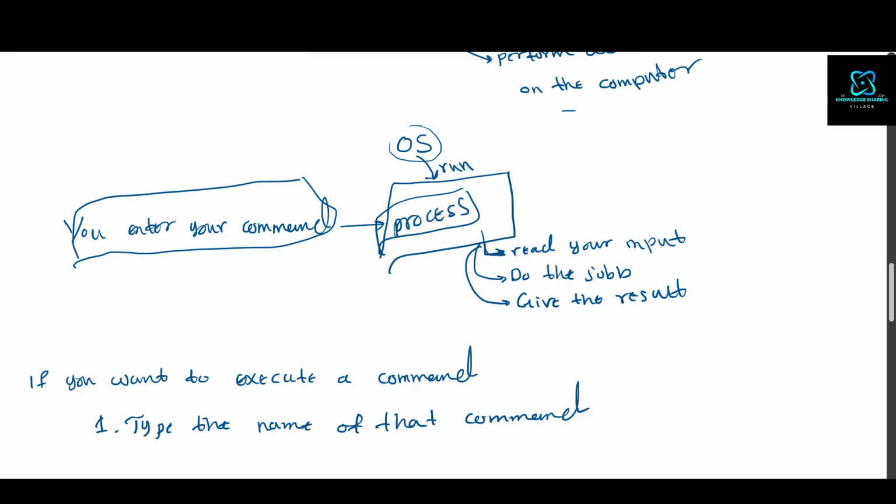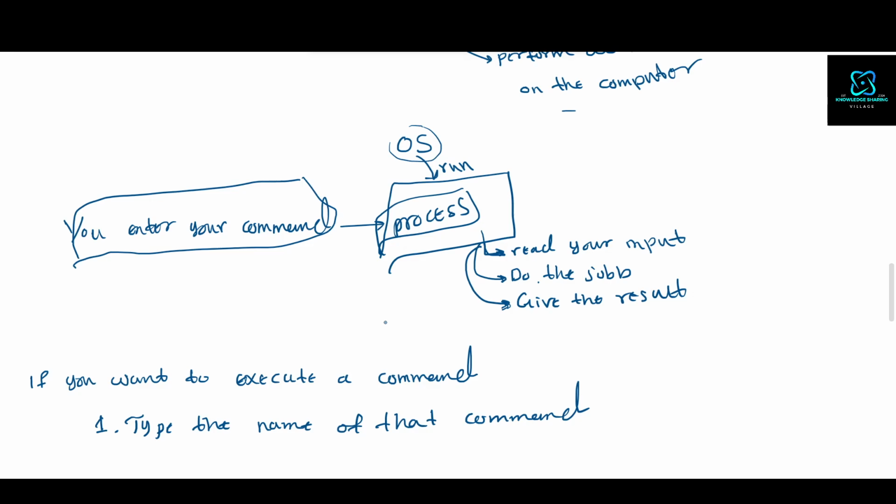It reads the input or command that you have entered, because the operating system needs to know what you want the computer to do. After reading it, it does that job or task that you have asked the computer to do. Then it presents the result of that task to you. If everything goes well, it reads the command, does the job, and presents the result.